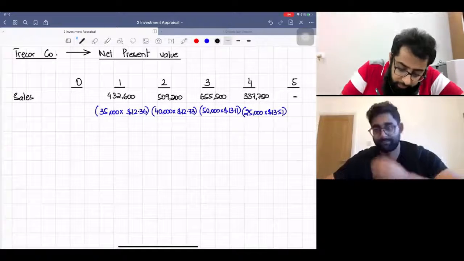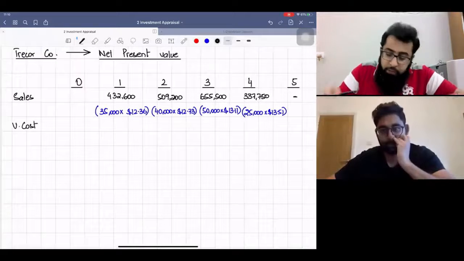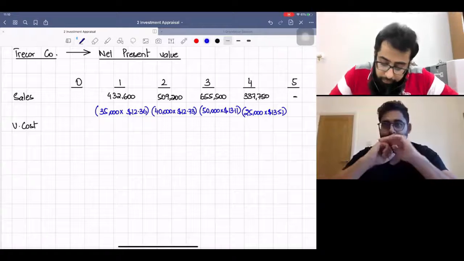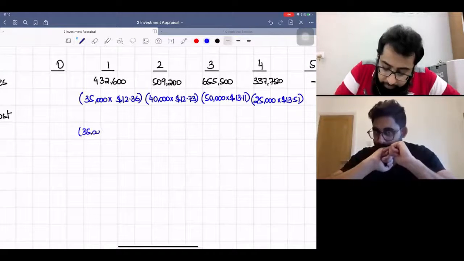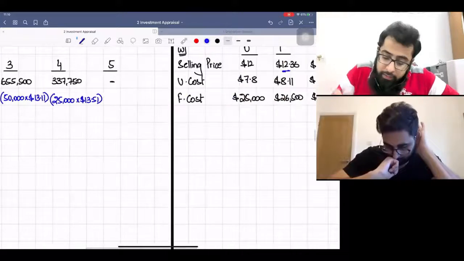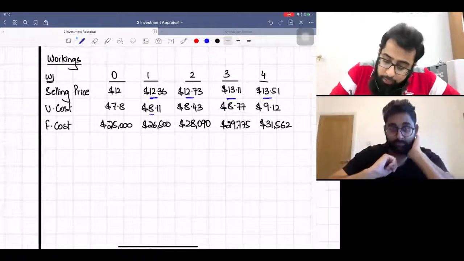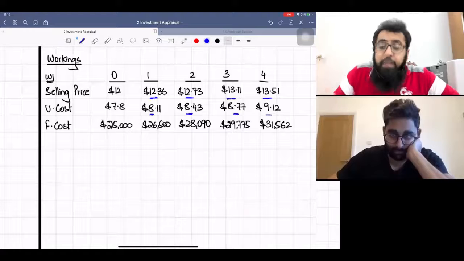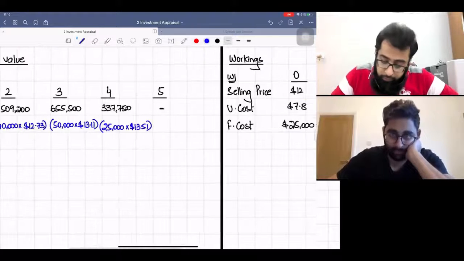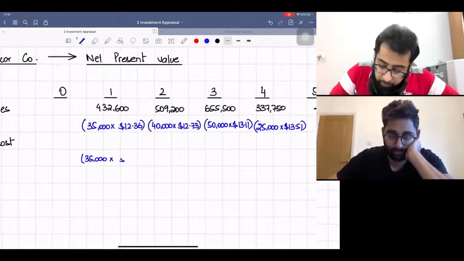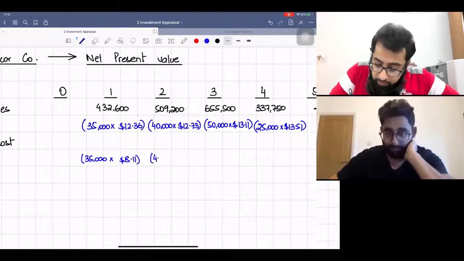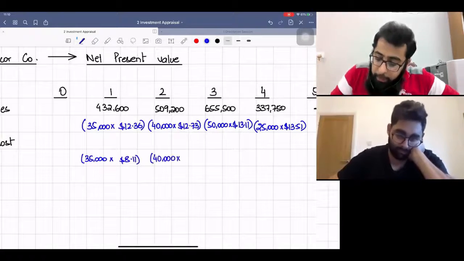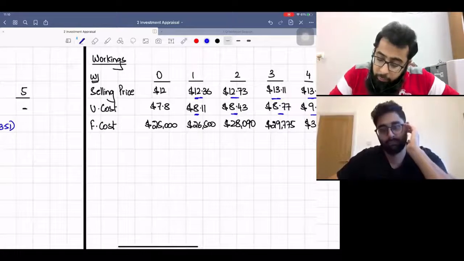Now, then there will be variable cost. Simply you will start multiplying it with the variable cost. Your variable cost amounts are 8.11, 8.43, 8.77 and 9.12. So 35,000 multiplied by 8.11, then 40,000 units multiplied by 8.43.